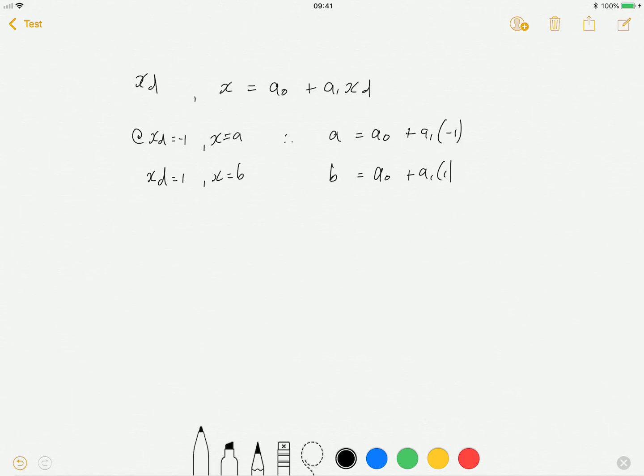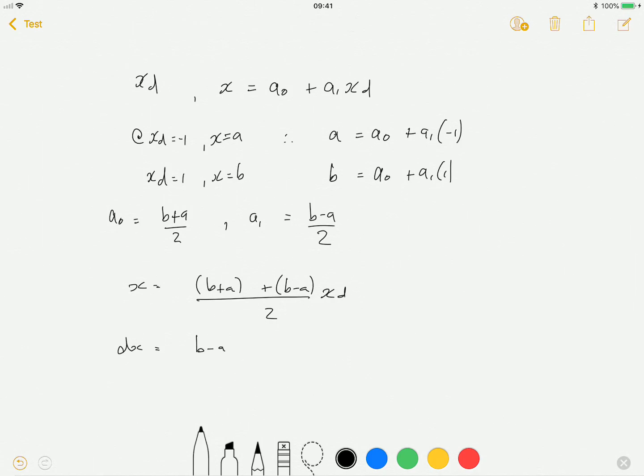This results in a0 equals (b plus a) over 2, and a1 equals (b minus a) over 2. In other words, x is equal to (b plus a) plus (b minus a), all over 2, multiplied by our new variable xd. So the derivative dx is equal to (b minus a) over 2 multiplied by the derivative of xd.